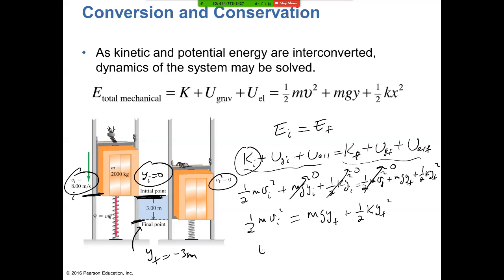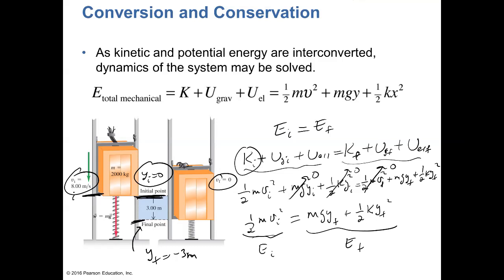My energy before was all kinetic, but my final energy is gravitational and elastic potential energy, and there is no speed, which means effectively we were able to stop the elevator by absorbing the kinetic energy and converting it into gravitational and elastic potential energy.